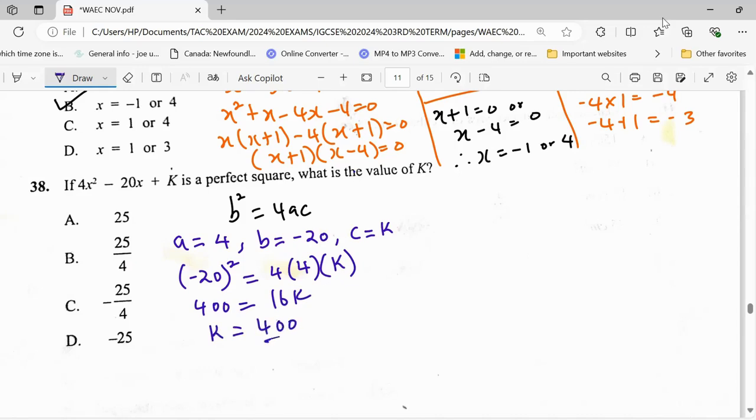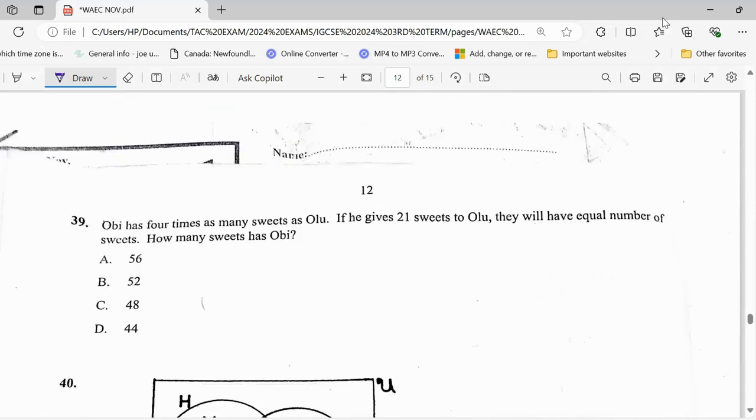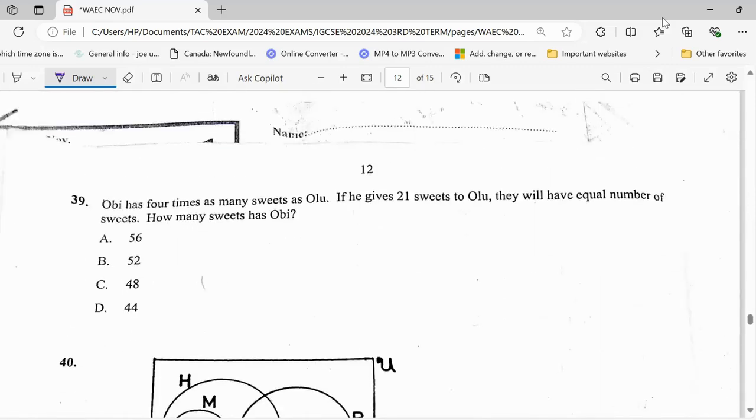You get 400 over 16, and if you do 400 over 16, that gives us 25. So once k assumes this value, 25, then this expression entirely becomes a perfect square. That's option A. We proceed now to question number 39.